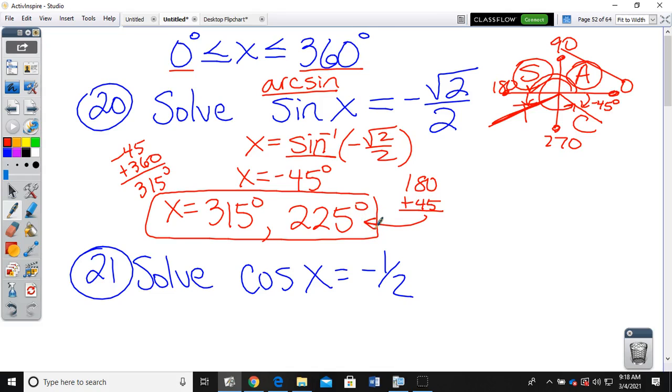So why did you do that? I got 315. Because I have to get all the angles between 0 and 360 that have a sine of negative square root of 2 over 2. But it's not positive because it's in the third quadrant, right? Correct. Neither is this. The sine itself is not positive.